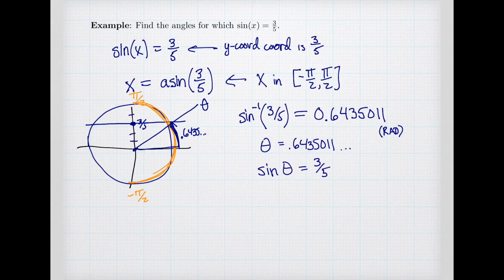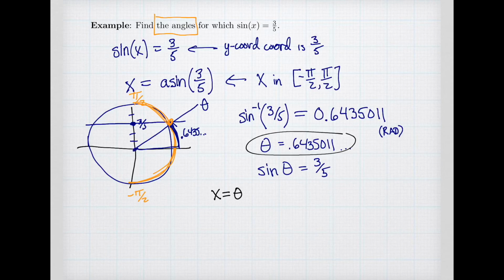But you can see that this isn't the only solution. When I solve these equations, there are multiple solutions, and I need to think about the unit circle to figure out what the other angles are. So one solution is this angle x that the calculator told me. But what are some others?